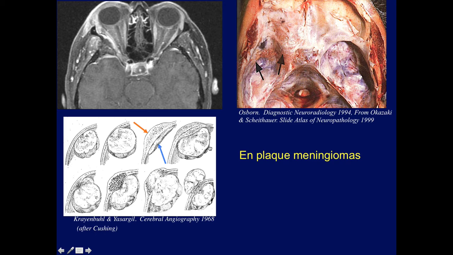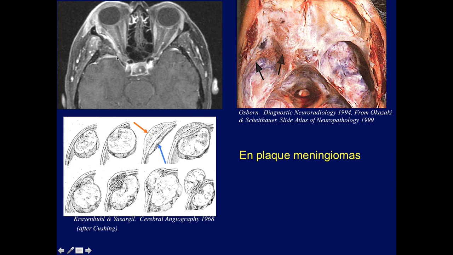And this diagram here, which I've shown before, shows the various types of meningioma. En plaque meningioma is a thin plate of soft tissue meningioma with marked bony changes overlying that. And here's a picture from Osborne's book, from another source, showing an en plaque meningioma in the floor of the anterior fossa.